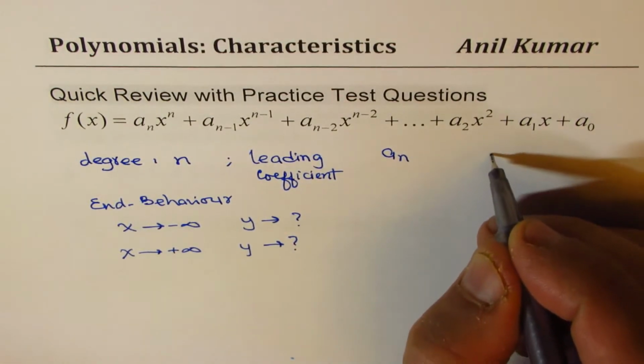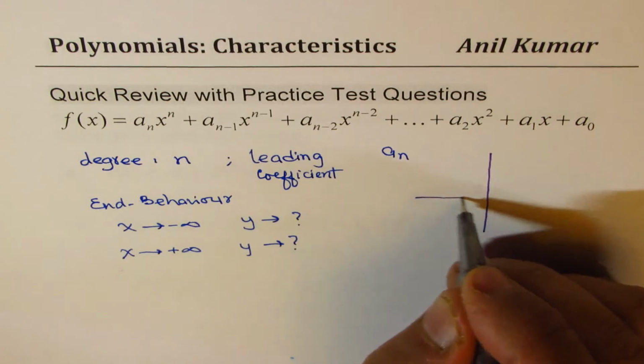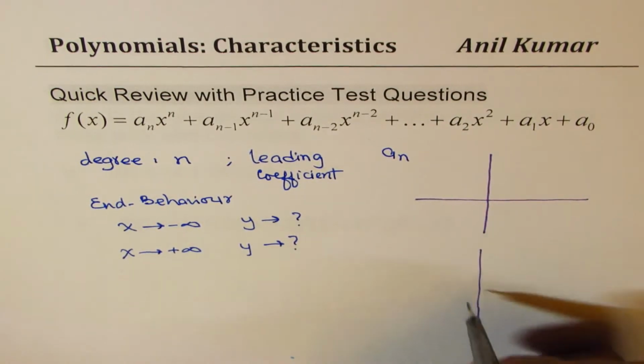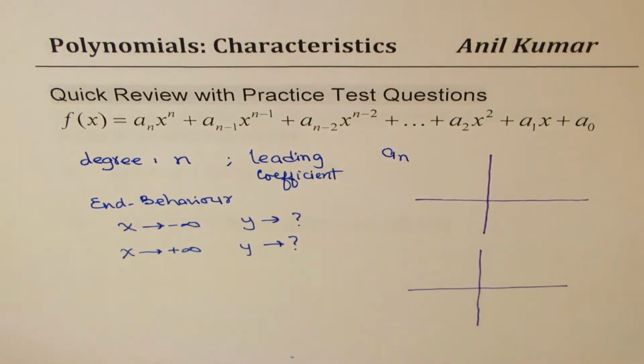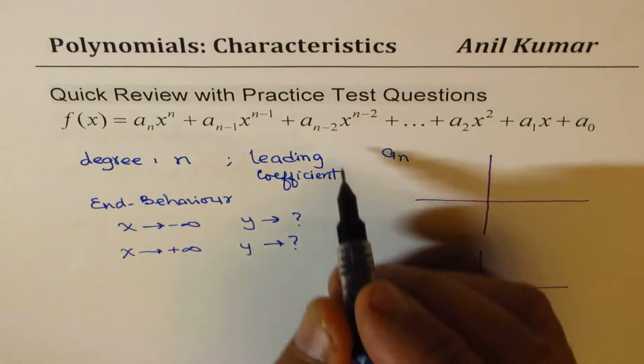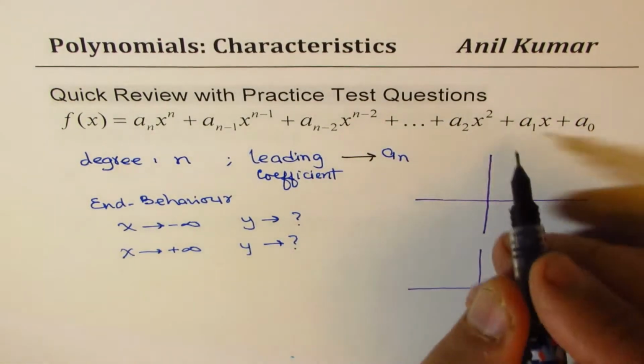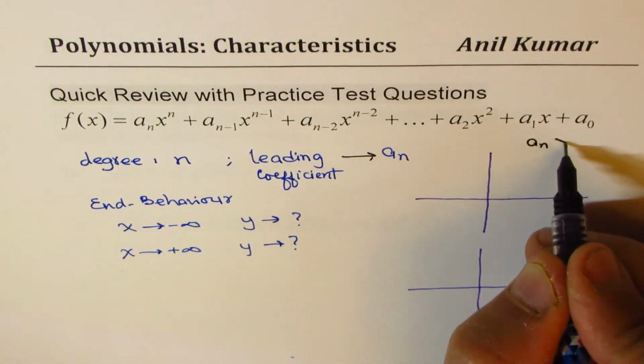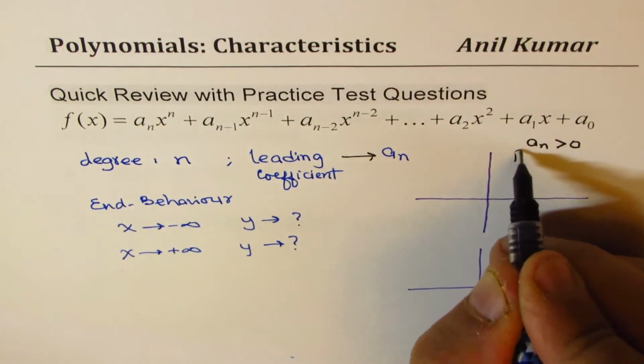So I actually follow just 2 rules for this. So I'll make 2 pictures for you. The first rule which I follow is kind of like this. If leading coefficient, we'll say leading coefficient is an, is greater than 0, that means it is positive.